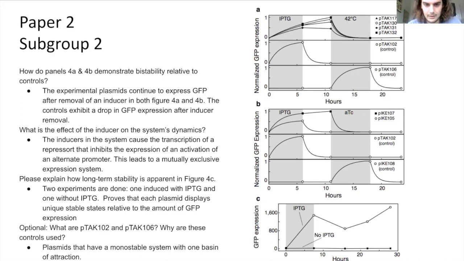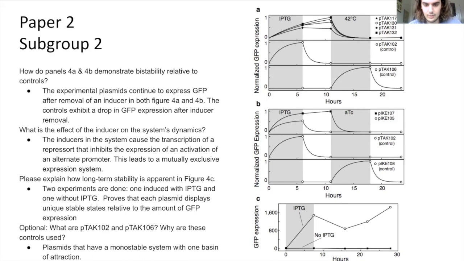In both the PTAC and pike plasmid cases, the inducer IPTG activates a promoter that in turn transcribes the repressor and GFP. The repressor expressed after IPTG induction acts on the promoter in the system, preventing expression of the second repressor. And GFP is just used as a reporter. And that's what's tracked as the y-axis on this figure, whereas time is the x-axis.